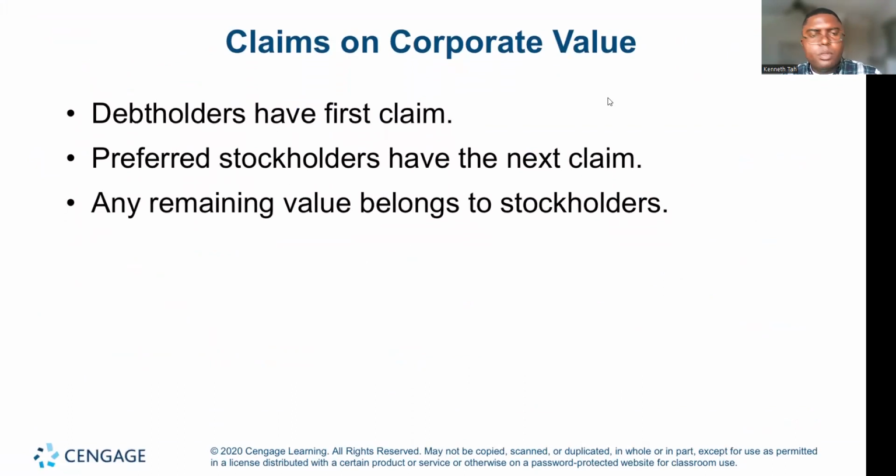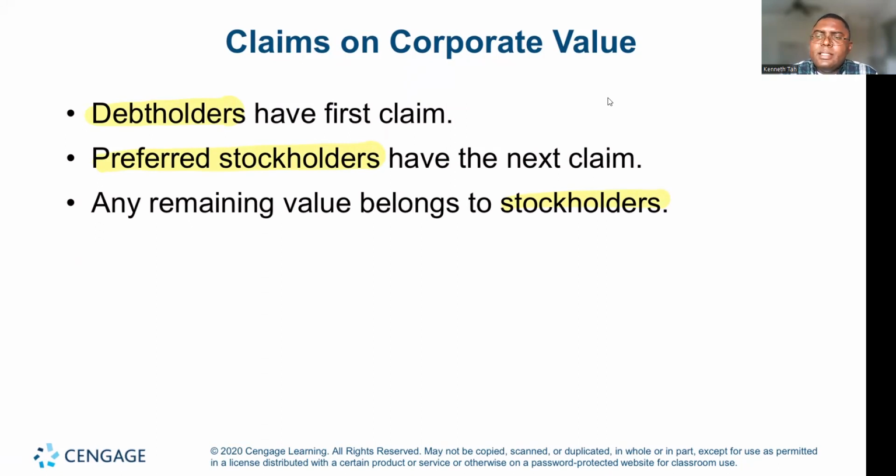So these are the people who own the value of the corporation. The claims include debt holders, preferred stockholders, and common stockholders. Debt holders have the first claim, followed by preferred stockholders, and lastly, common stockholders.